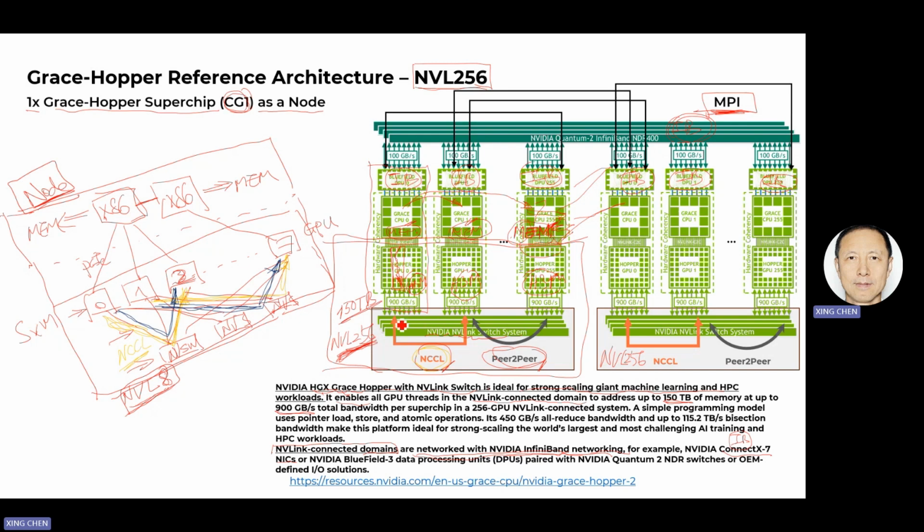And the bandwidth for the memory access is going to be limited by the NVLink, which is 900 gigabytes per second for Grace Hopper. So we take these two numbers, 900 gigabytes per second and 150 terabytes of memory. This is for peer-to-peer memory access.